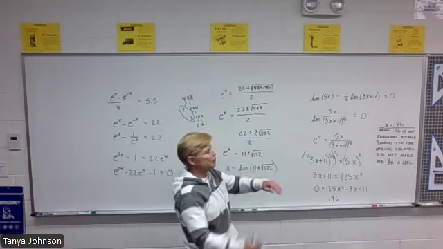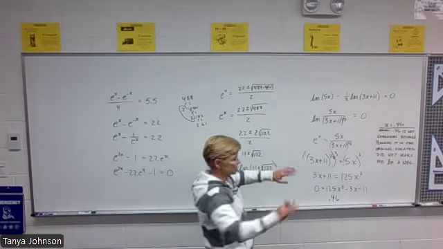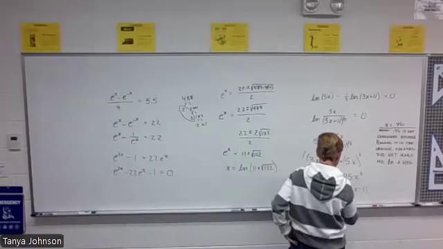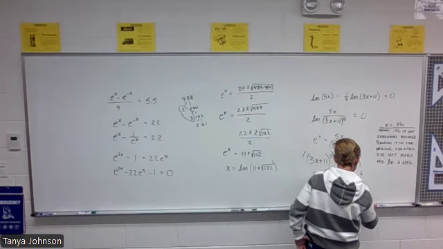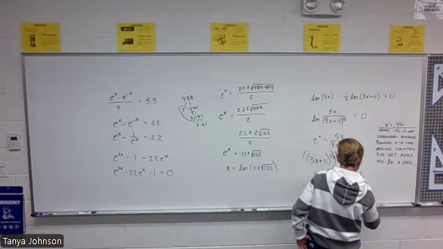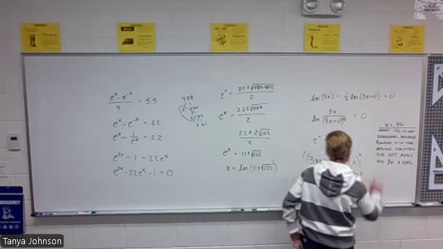If there was an extraneous, just pretend with me. Just pretend that you got down here and you got three solutions, and one of them was 1.23, and the other one was negative, I don't know, 2.1.